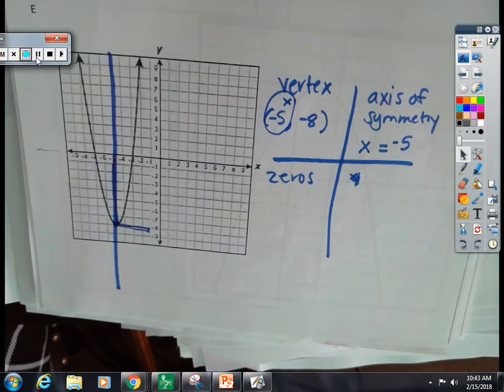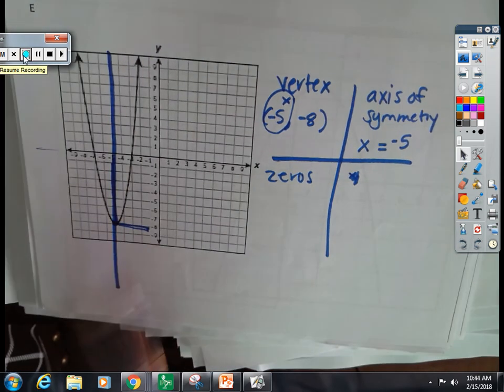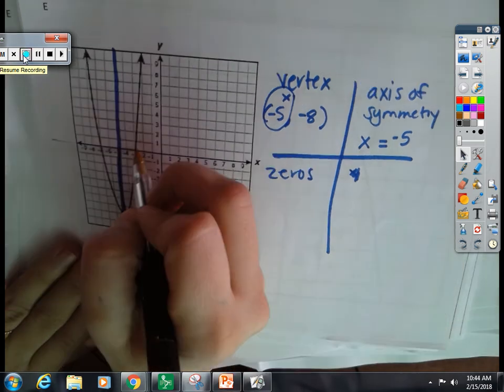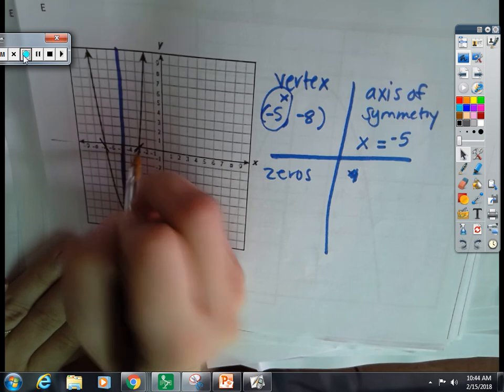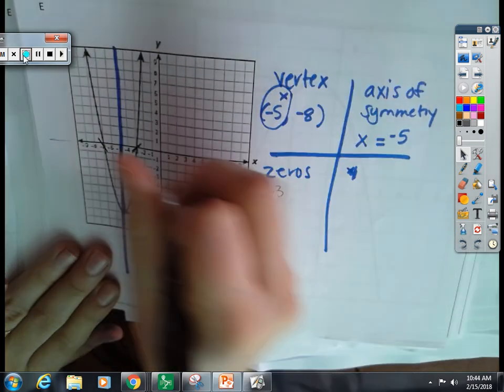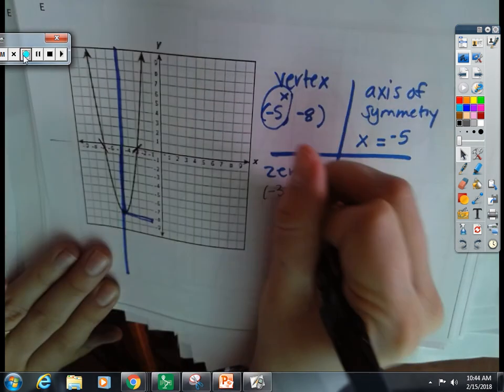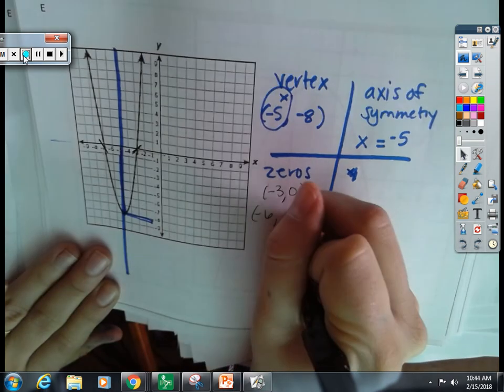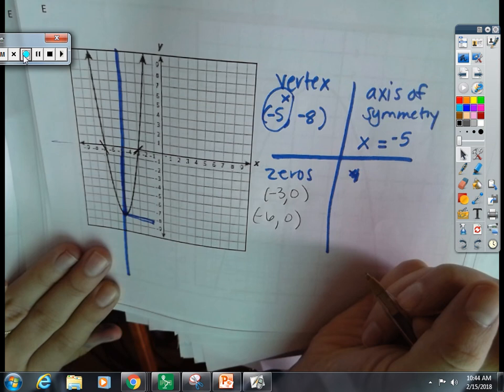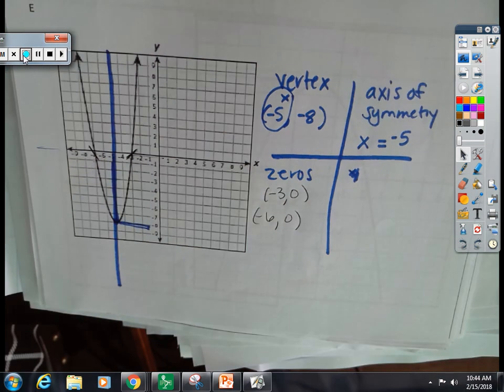You can see it crosses there, crosses there. So what number is that? Negative 3. The y is 0. That's why they're called zeros. This one here is negative 6, comma 0. And those are the zeros. The vertex, the axis of symmetry, and the zeros.